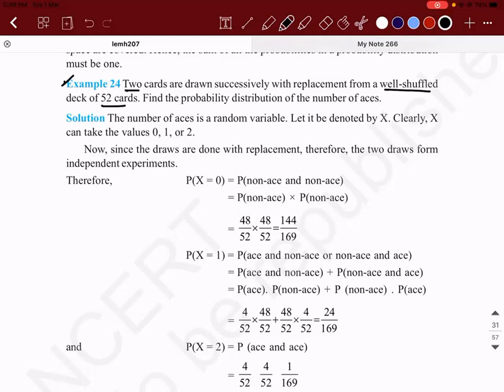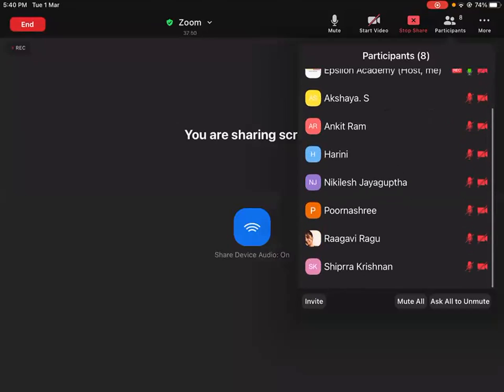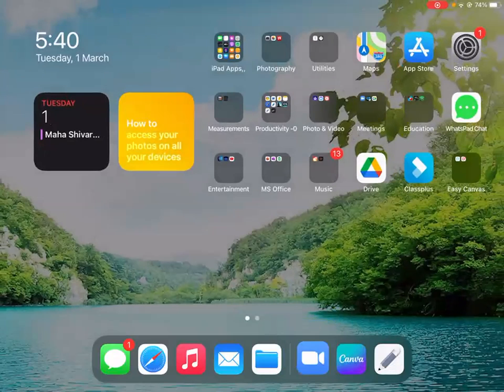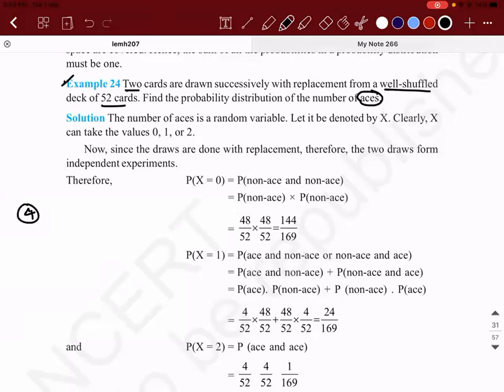In a particular deck, how many aces are there? 4, right? Out of the 4, how many cards are they choosing? So 2 cards are drawn.